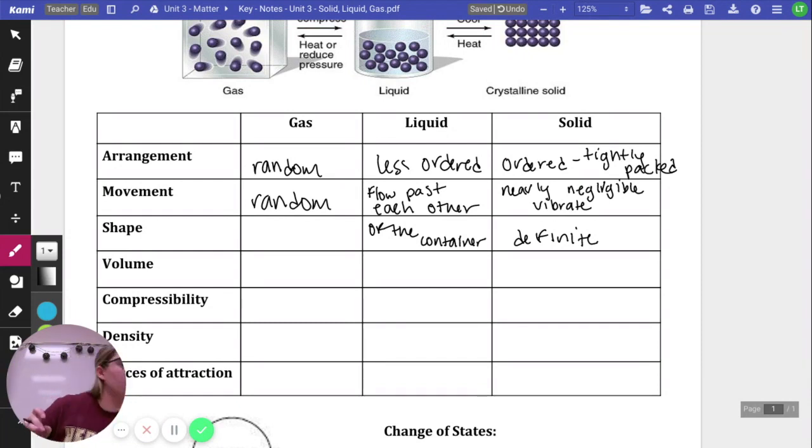For example, my cleaning spray is currently in a cylindrical shape. If I turn it to the side, it changes shape. So the liquid's shape changes depending on what container it is in. And then gases are the same thing. They also take up the shape of the container.